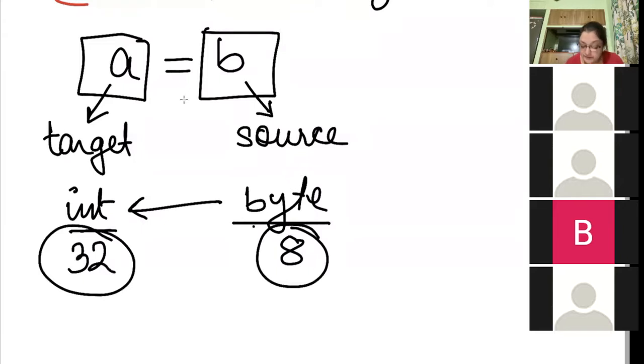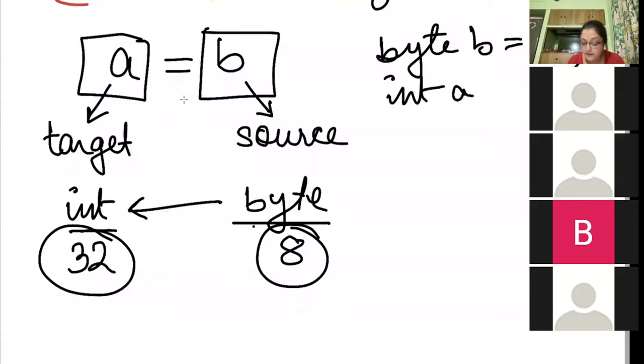So I can write statements like this: byte B is equal to, say, the value 10, and then int A assigned B. The data type of B is byte and the data type of A is integer.